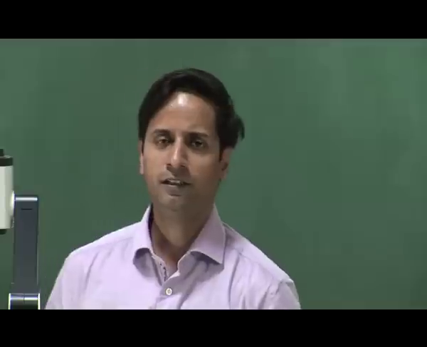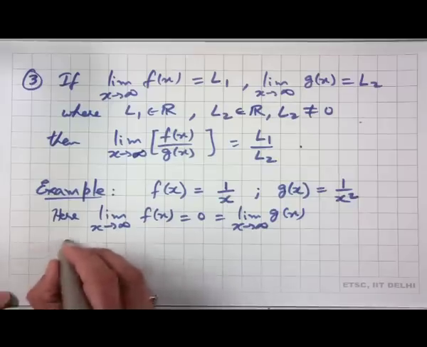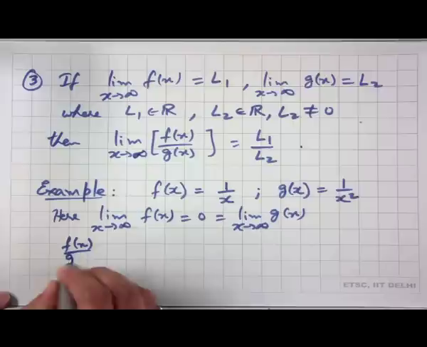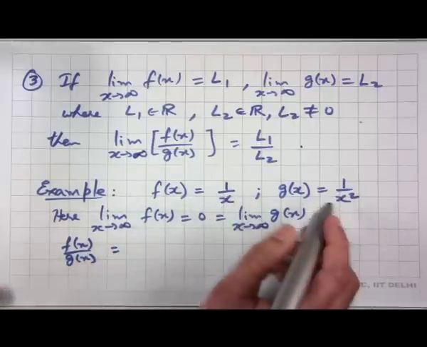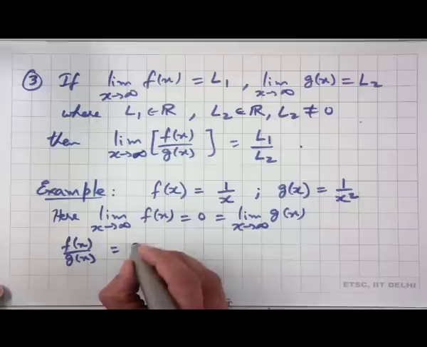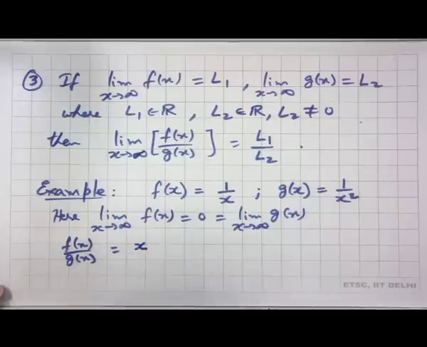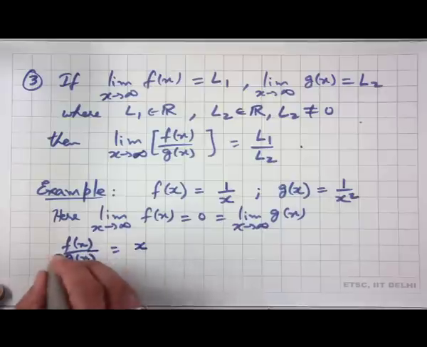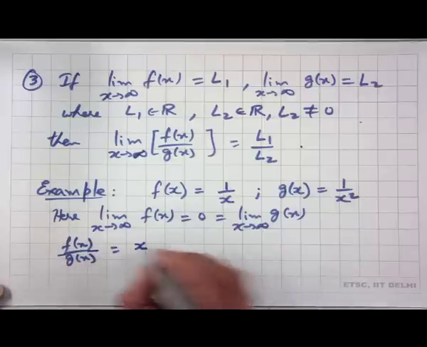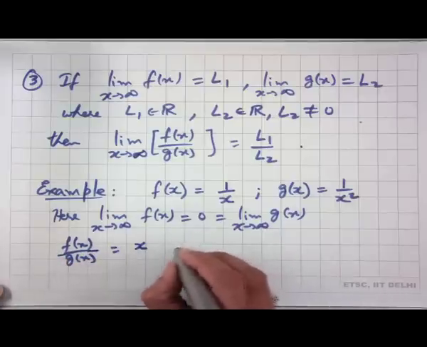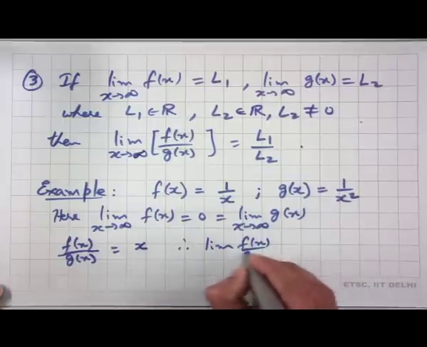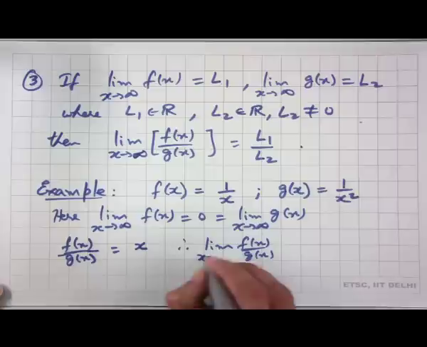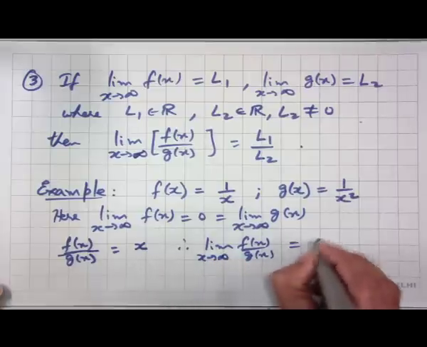What about the limit of f x by g x? f x by g x is equal to 1 by x divided by 1 by x square, so this is equal to x, and therefore the limit of f x by g x as x approaches infinity is equal to infinity.